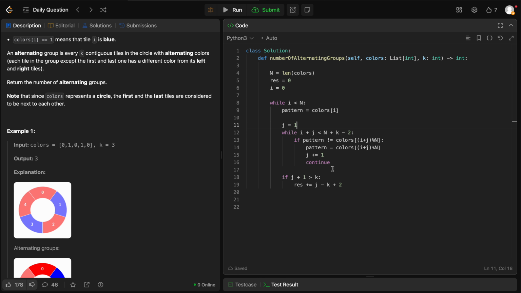And let's say I only have like 3, where I was 0, 1, I was 2, and j was 1, 2, so j will be equal to 3, is it?